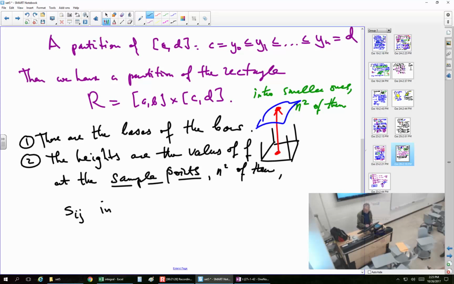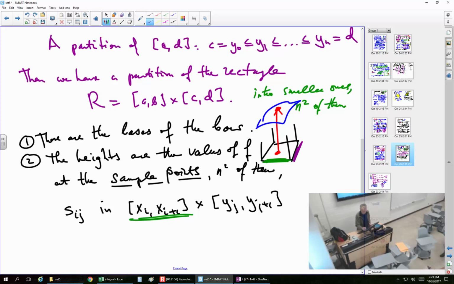Sij in that interval, xi plus 1 cross yj plus 1. Okay, so once again, this is the x, and the other one is the y.